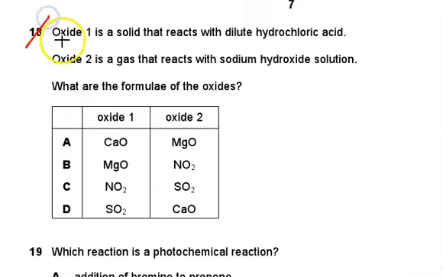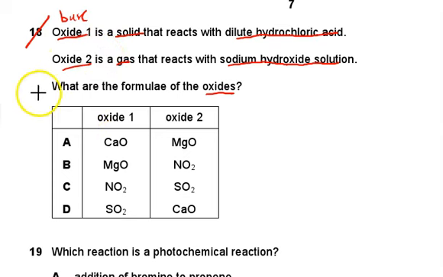Number 18. Oxide 1 is a solid that reacts with dilute hydrochloric acid. Oxide 2 is a gas that reacts with sodium hydroxide solution. So what are the formulas of the oxides? For oxide 1, it should be a base.